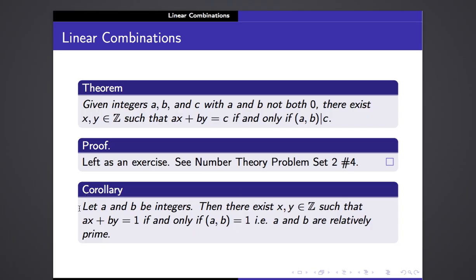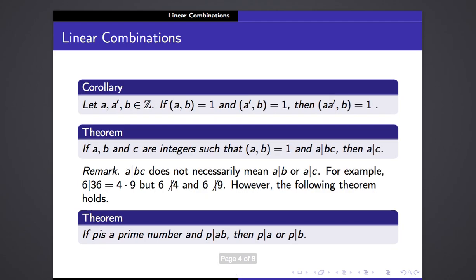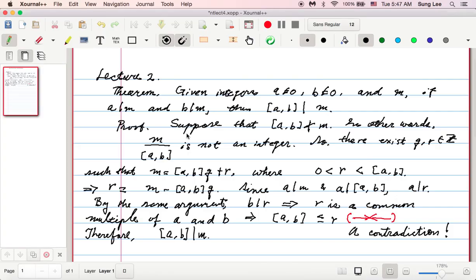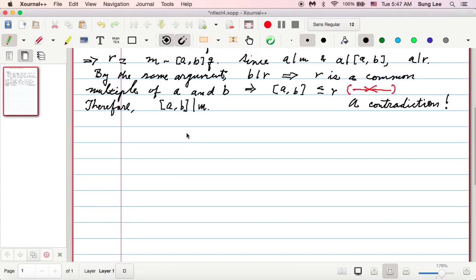So in fact, this corollary is very important, comes in handy, very useful. To prove it, let me get to my notepad.